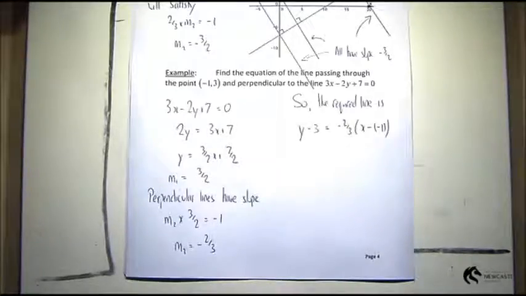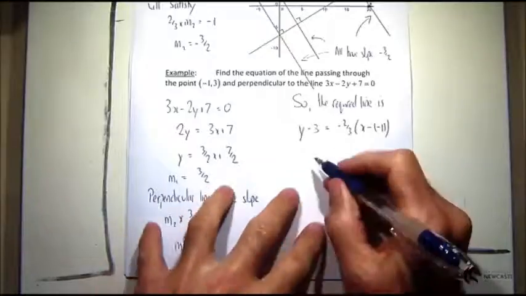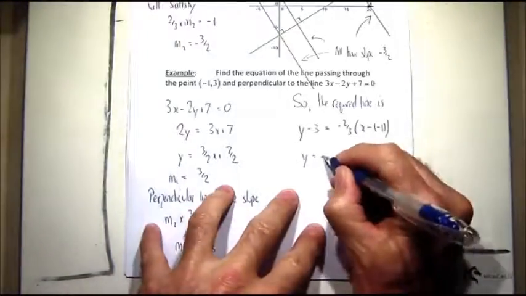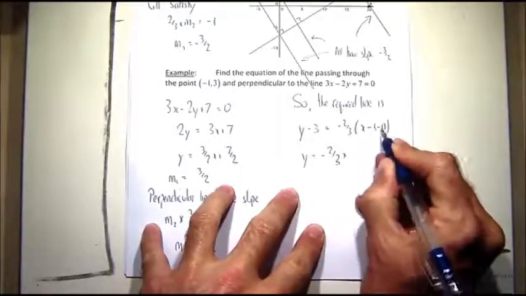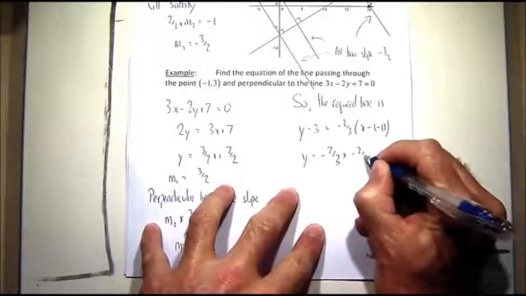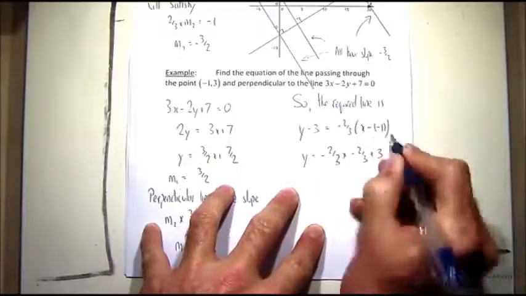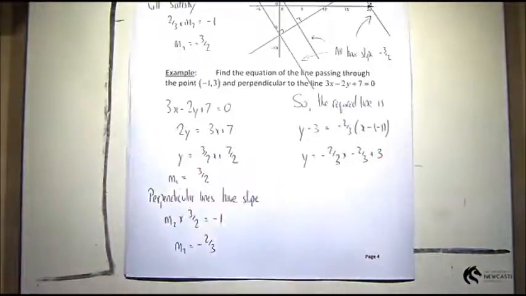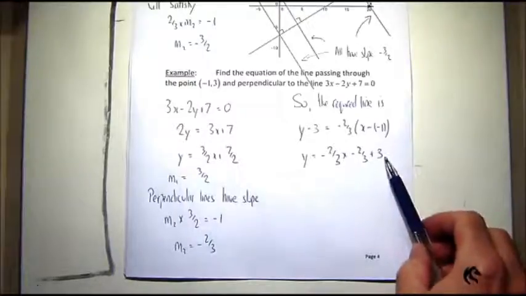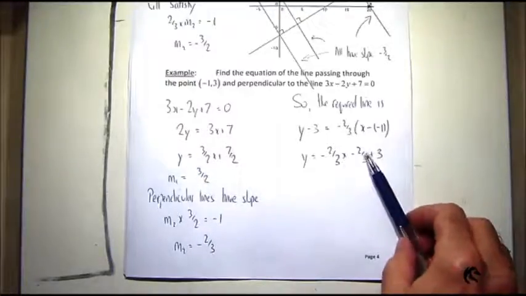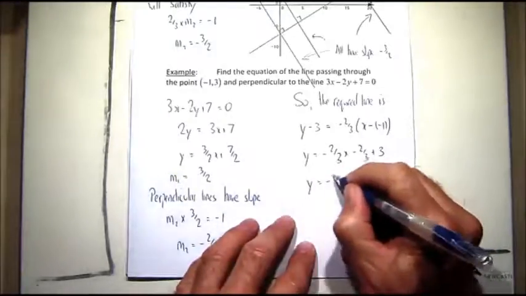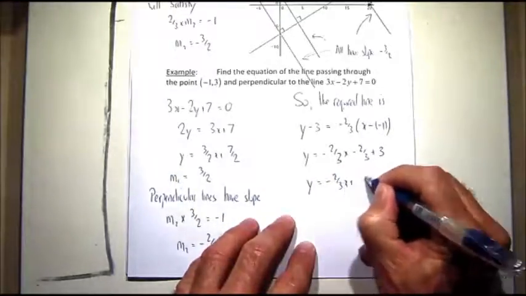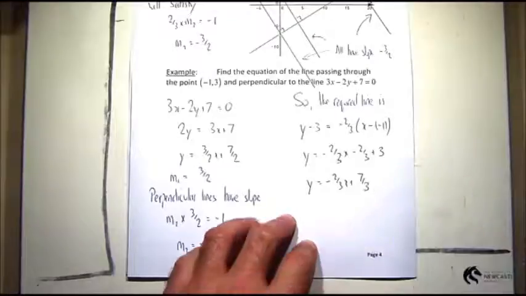And so now I rearrange that, and I get y is equal to minus 2/3 x, that's plus 1, so that'll be minus 2/3, and I bring the 3 over and I have plus 3. So 3 is 9 on 3, 9 on 3 minus 2 on 3 is 7 on 3. So I have y is equal to minus 2/3 x plus 7 on 3.